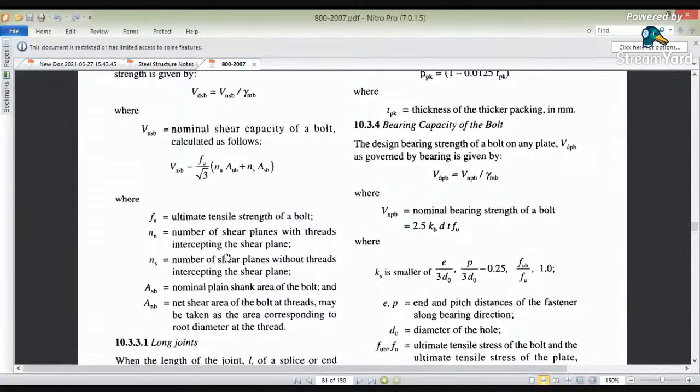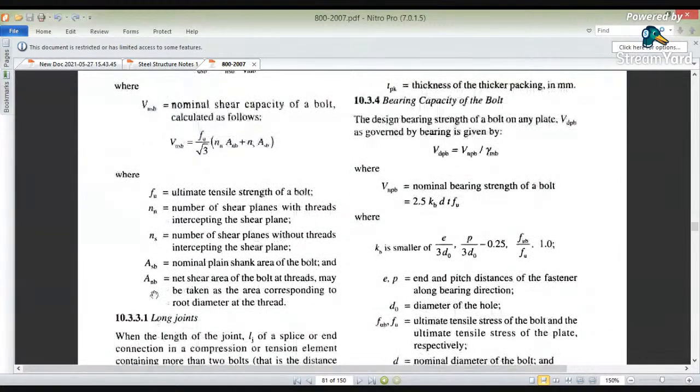We will see the same bolt figure once again, and how to find out Nn or Anb or Ns or Asb, in detail in the problems. So Anb is the threaded area and Asb is the shank area, so no need to get confused. All these terms will be solved within the problems, and while solving the problems we will discuss all these things.